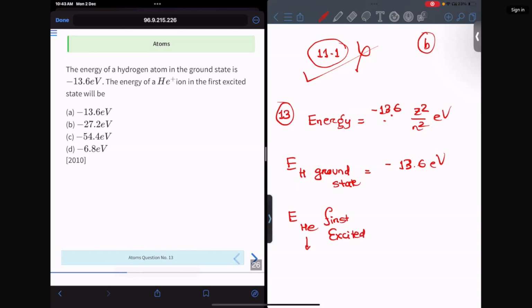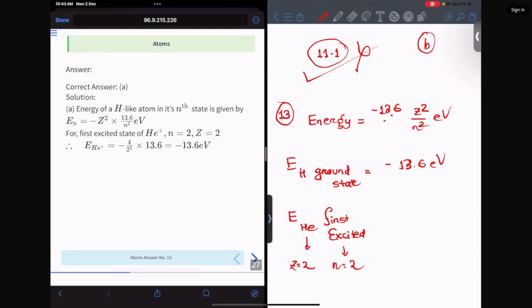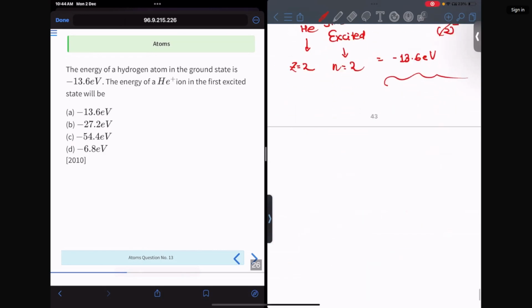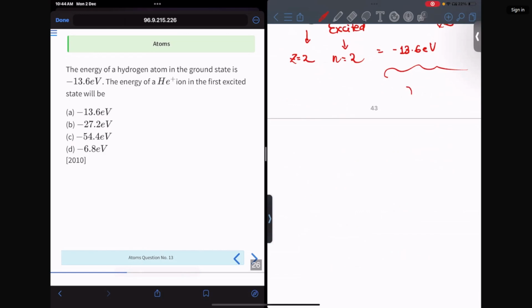For helium, value of Z is 2. First excited state means N is equal to 2. So the value will be equal to minus 13.6 into Z square, Z means 2 square, upon N square, N is 2, 2 square. So the value will be equal to minus 13.6 electron volt. I hope you understood. Option number A is the correct answer.